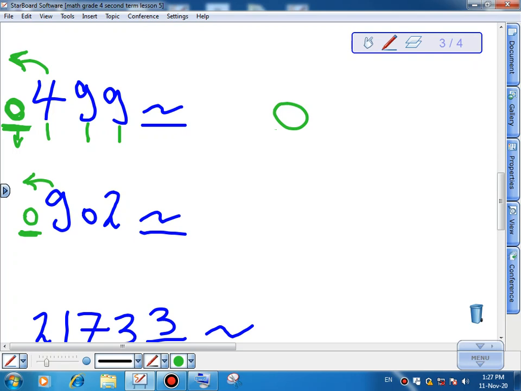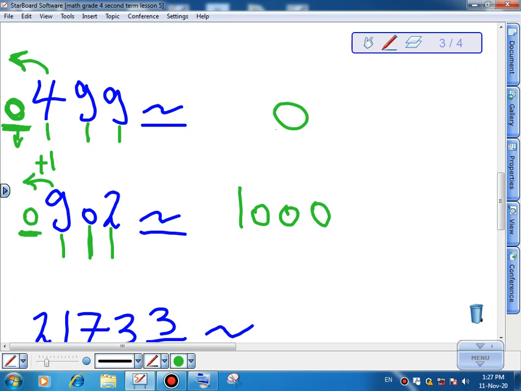Is 9 a weak or a strong number? 9 here is a strong number, so we will add 1. We will increase the thousands place by 1: 1 plus 0 will be 1. And the next step, replace the hundreds, tens and units places by 0. 9 will be 0, 0 will be 0, 2 will be 0. It will be 1,000.